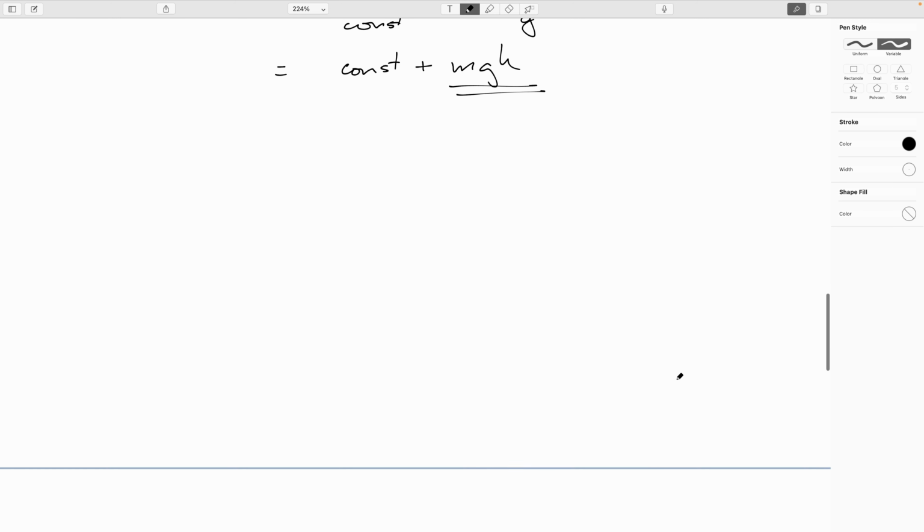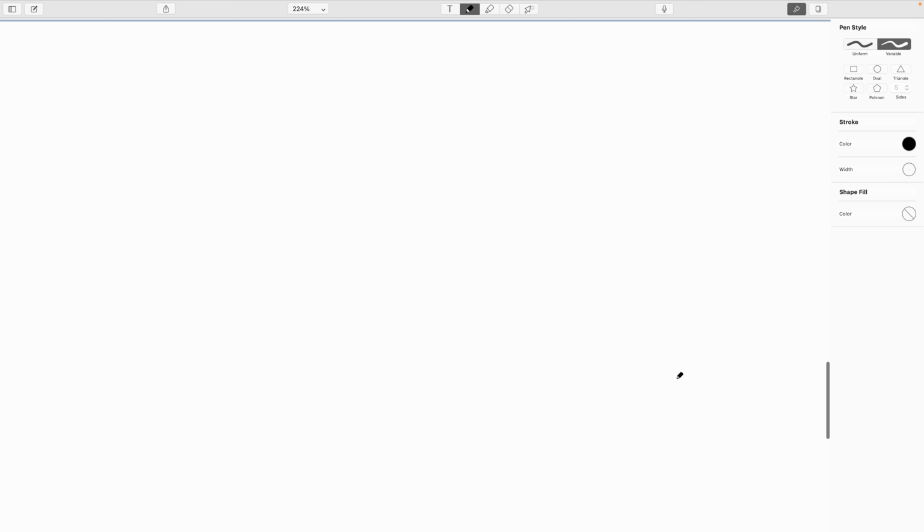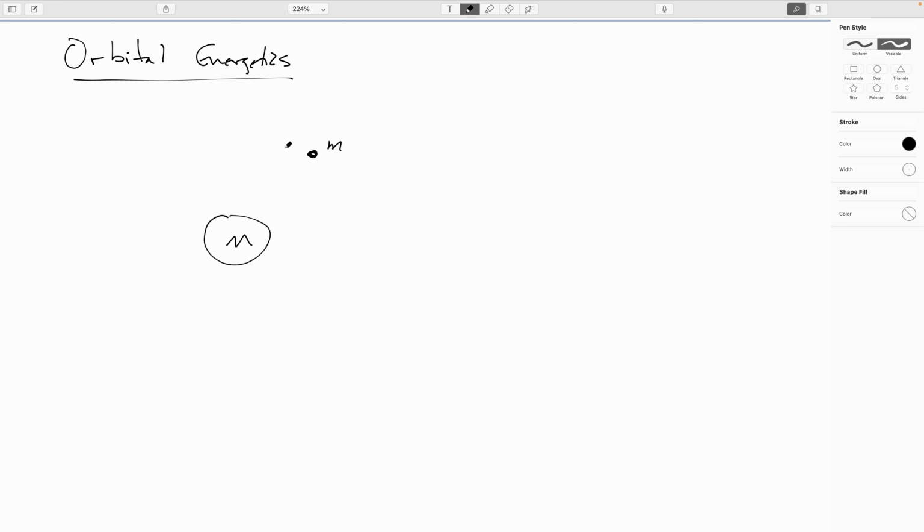Okay, so let's turn our attention for a moment to orbital energetics. So let's say you have a circular orbit. So I don't know, we've got a moon orbiting a planet or something like that.